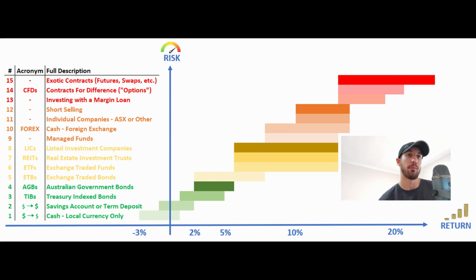So moving up the risk categories, keep in mind also that a managed fund, a listed investment company, and an exchange traded fund are essentially the same thing. They're just baskets of stocks. The managed funds and the listed investment companies are run by managers who have the ability to elect which stocks they want in that basket.